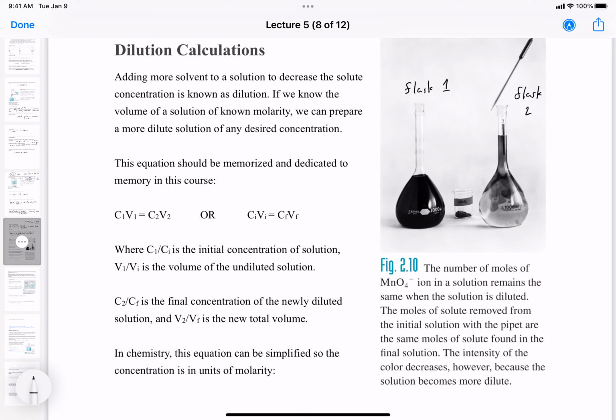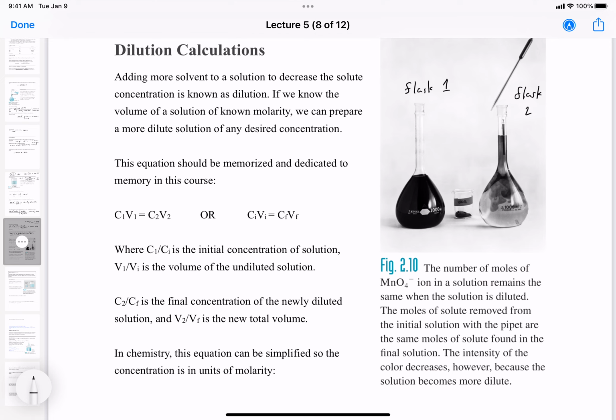Okay, so for example, say we know the volume of our desired solution, and we know the desired concentration we want, and we know the concentration of our first solution.